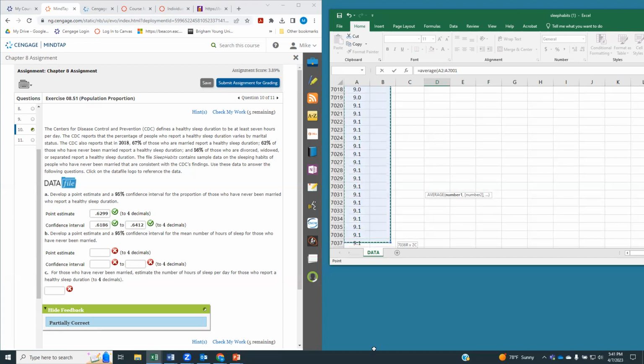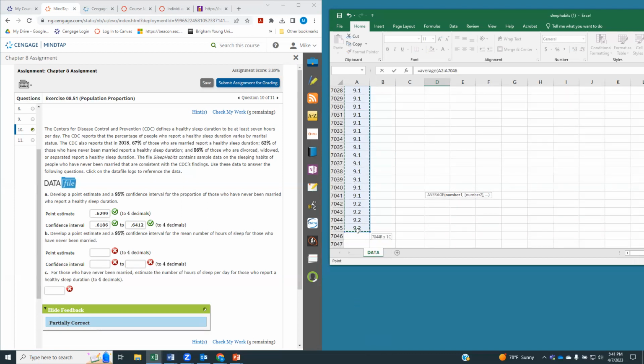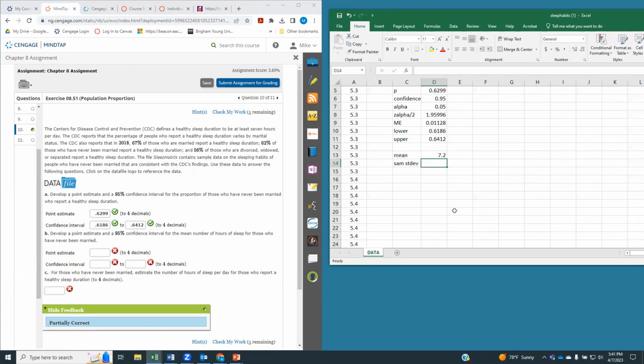Almost there. See, it takes forever, huh? All right, there it is. So that gives us our average. It wants 4 decimals, so we're going to take it out to 4 decimals.